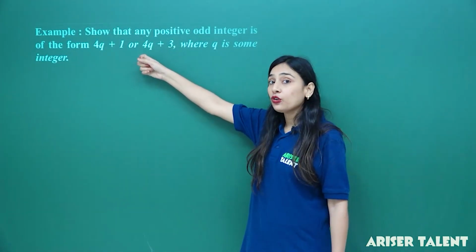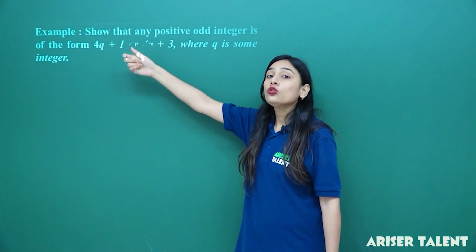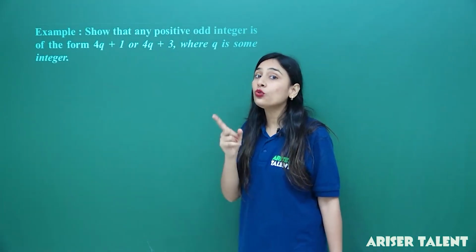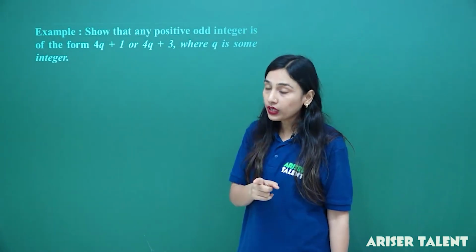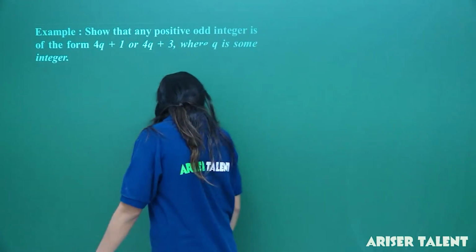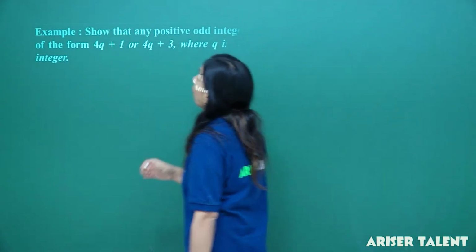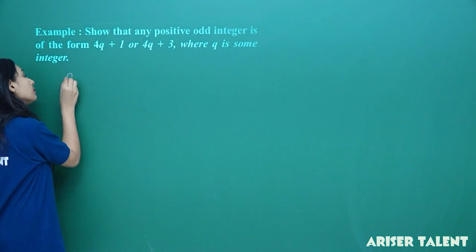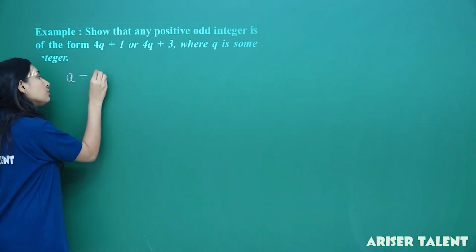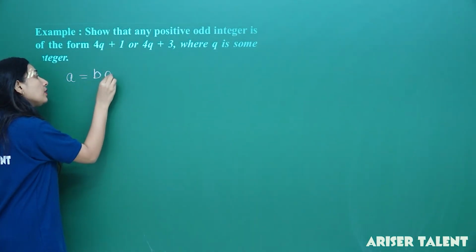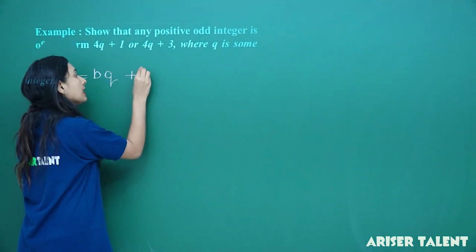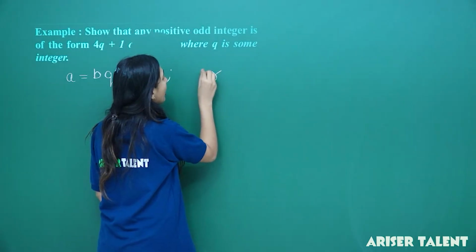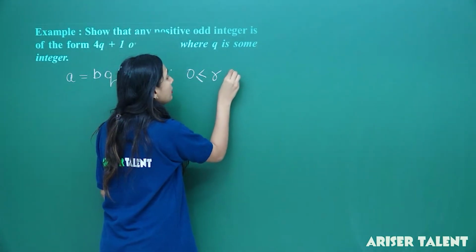In these kind of theorems and statements, you first have to write your Euclid's division lemma. And what's that? A equals B q plus r, where the value of r is specified, right?